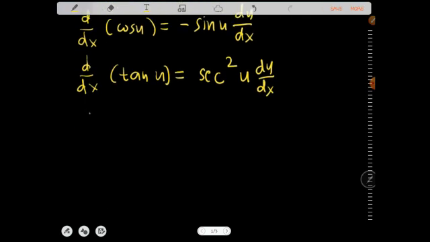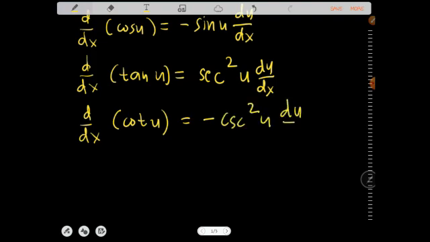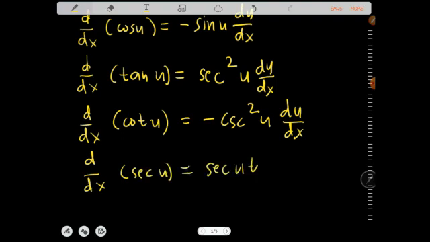And then, the derivative of cotangent u is equals to negative cosecant squared u, derivative of u in terms of x. The derivative of secant u is equals to secant u tangent u, derivative of u in terms of x.